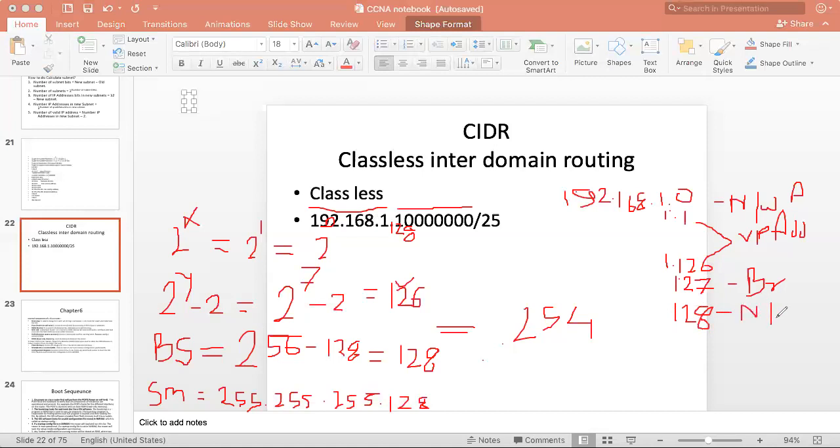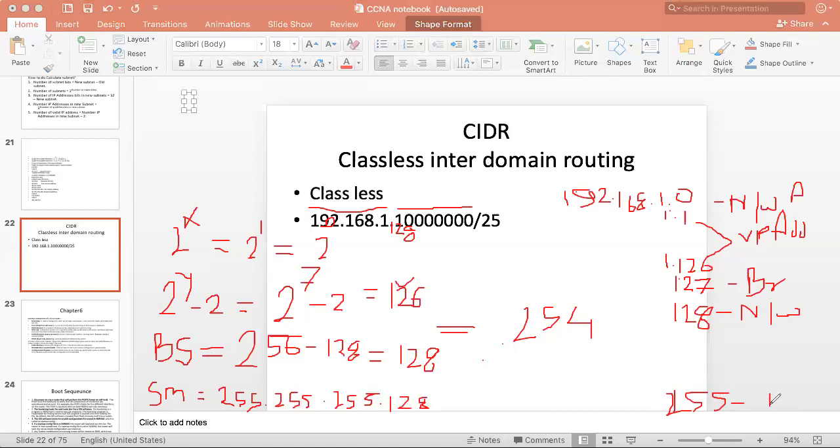Adding 128 to this gives 256, but you cannot use 256, so the last address is 255.